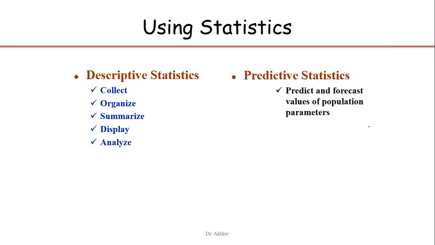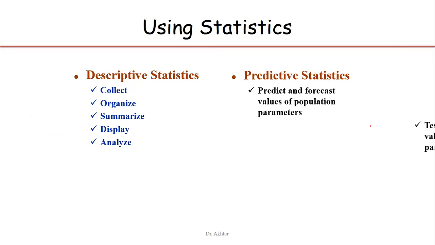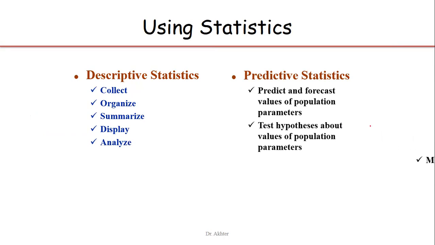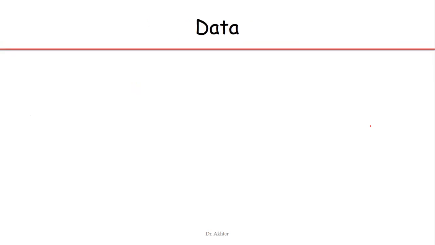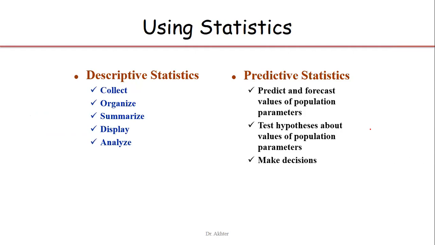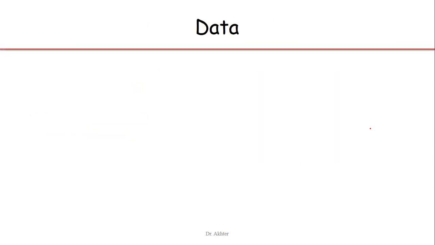In the predictive statistics, we have forecasting, population parameter estimation, hypothesis testing, and making decision and conclusion. So this is the difference between the predictive and descriptive statistics. Initially, we have to start any problem by descriptive statistics. Then later on, we will apply the predictive procedures to making and model building and model deployment and model testing.